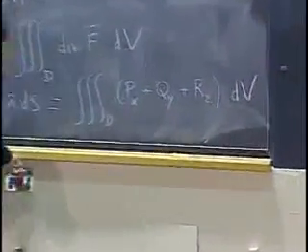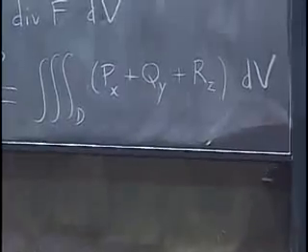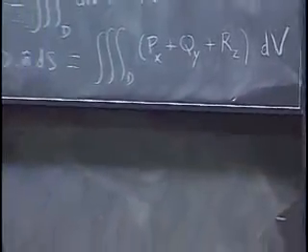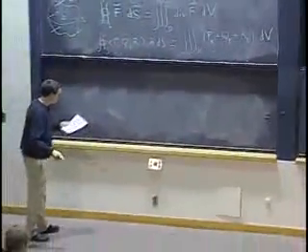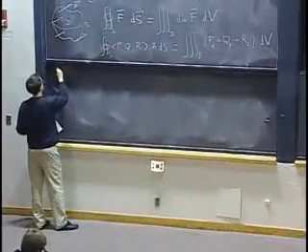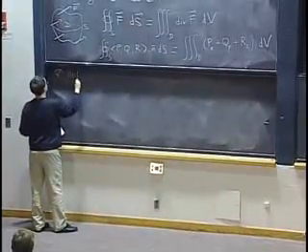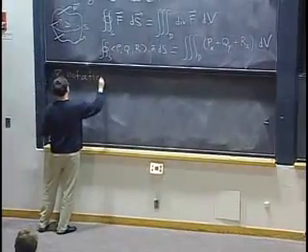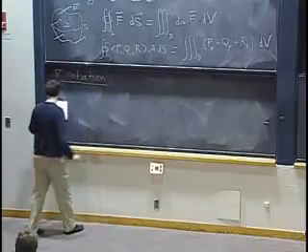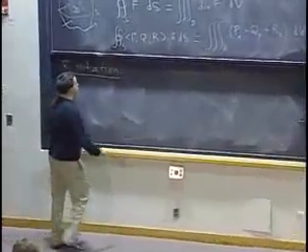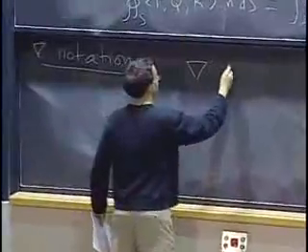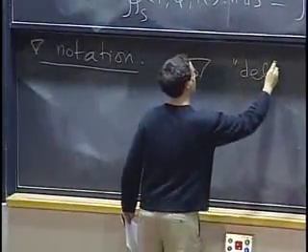By the way, here is how to remember this formula for divergence and other formulas as well. Let me just tell you quickly about the del notation. This symbol is usually pronounced as del.